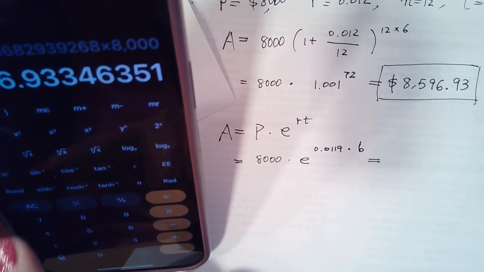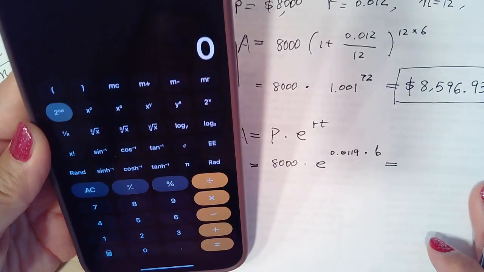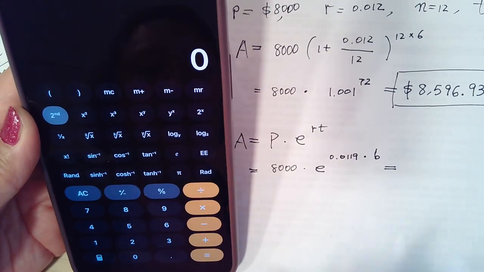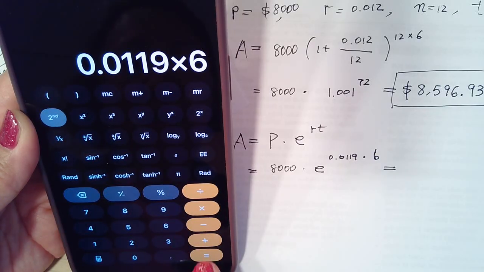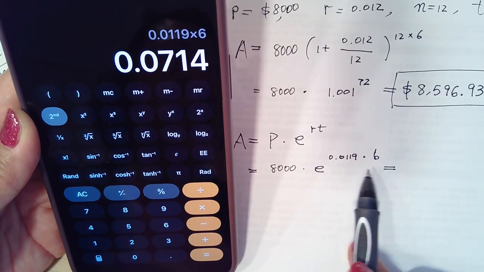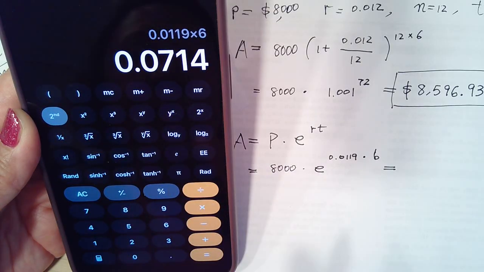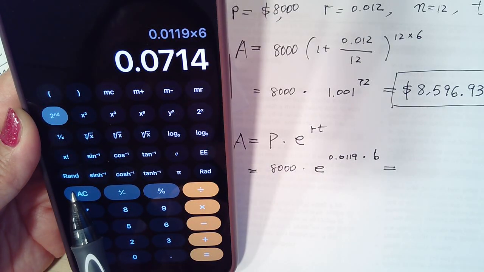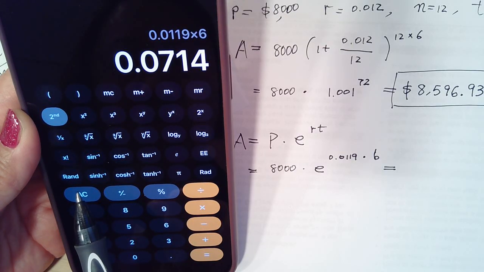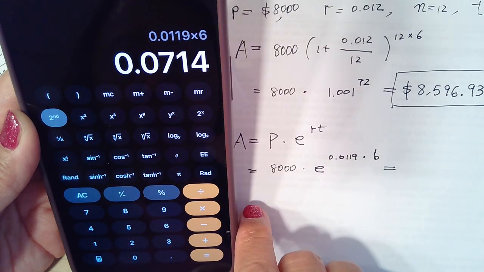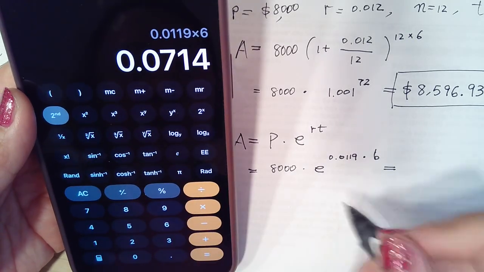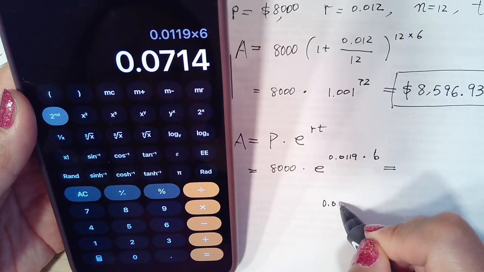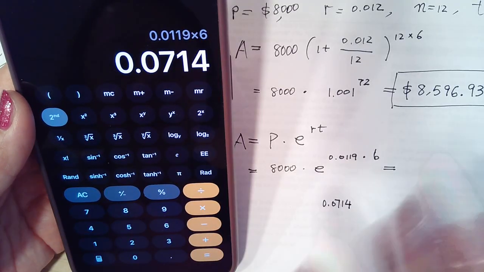All right, how do you do this? Again, the calculator is so useful. I'm going to do this first: 0.0119 times 6 equals. Okay, it's 0.0714. Now I want you to see the e to that power key.